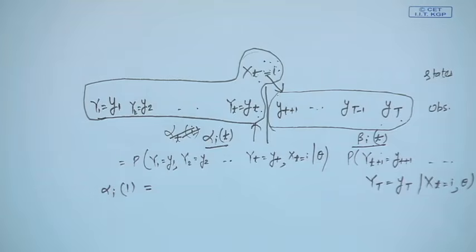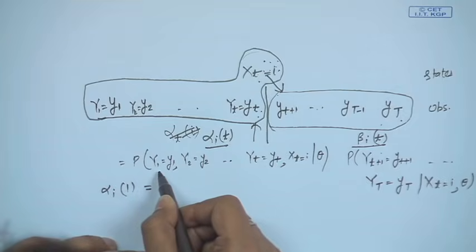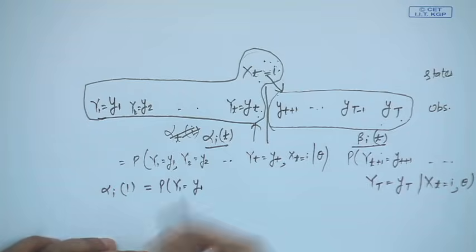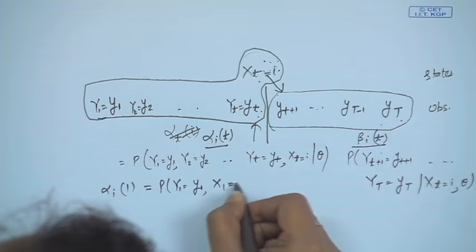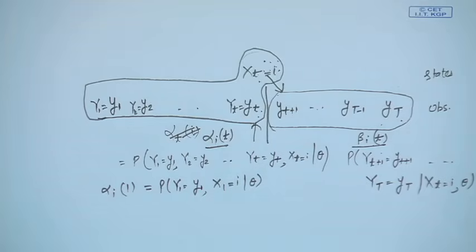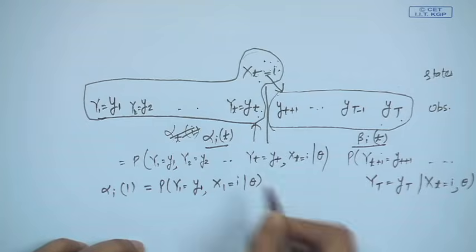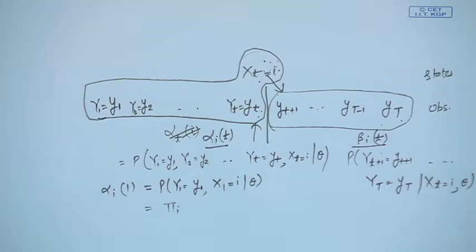From this equation, alpha_i(1) is the probability of observing y1 and x1 is i, given theta. So what is the probability of x1 equal to i given theta? That is pi_i.